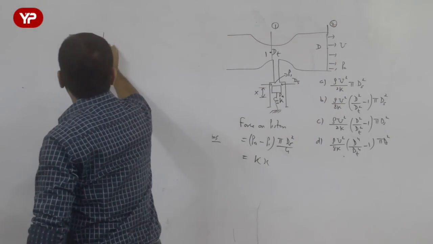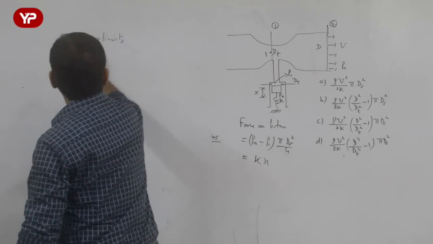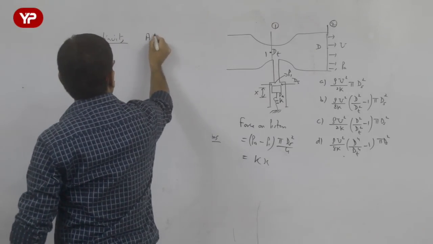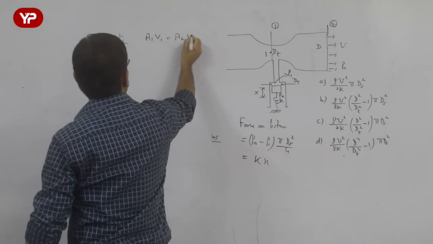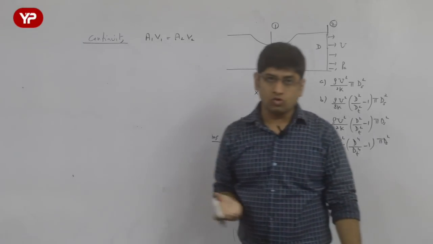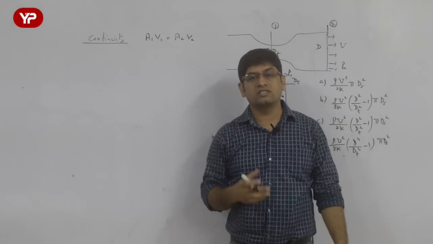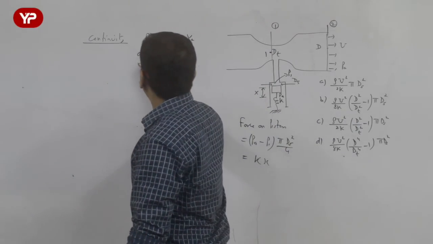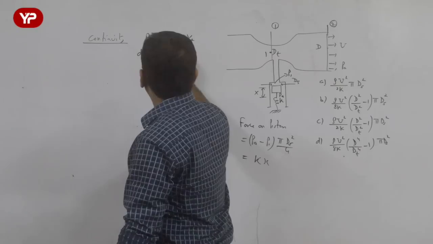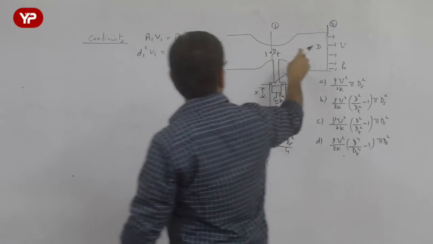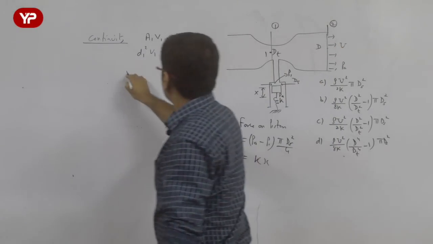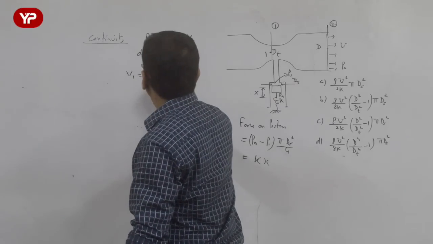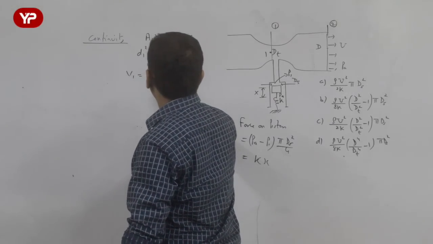When I apply the continuity equation between section 1 and 2, I get A1 V1 is equal to A2 V2. Rho 1 is equal to rho 2, because in the question it is given that the flow is incompressible. That means density at both sections is equal, and we also know that it becomes d1 square V1 equals d2 square V2. That means the velocity at section 1 will be equal to (d2 by d1) whole square into V2.